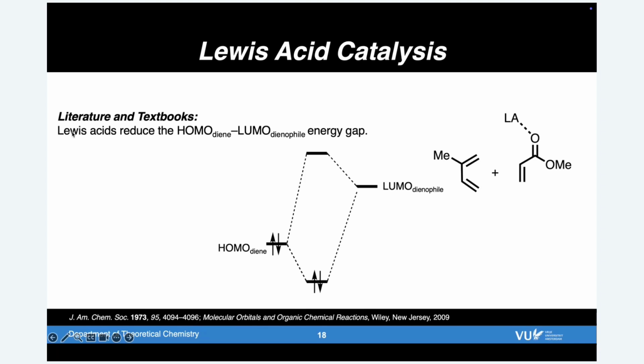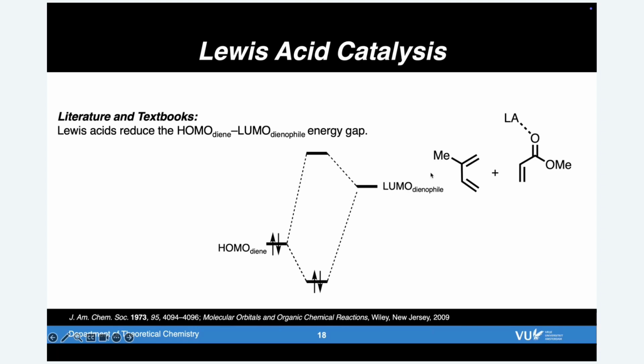So Lewis acids, it is commonly believed, reduce the HOMO-LUMO gap, and more or less they consider these reactions to be purely normal electron demand interactions, where the highest occupied molecular orbital of the diene, which has 2 electrons, will donate charge into the lowest unoccupied molecular orbital of your dienophile.